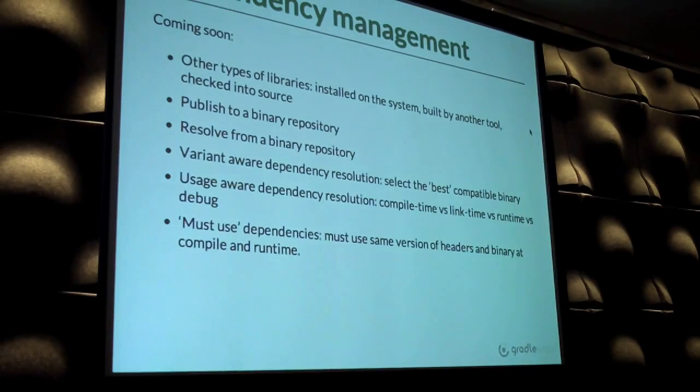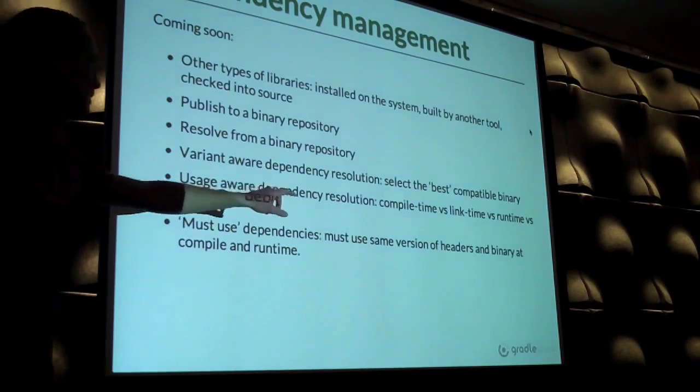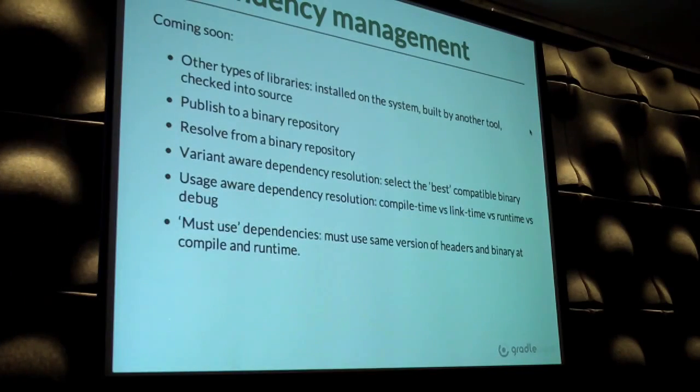Another important problem we need to solve is this idea of must-use dependencies. What that means is that at compile time, if I've compiled against the headers from this version of this library, then don't at link time substitute in another version of that library. Give me the same version.